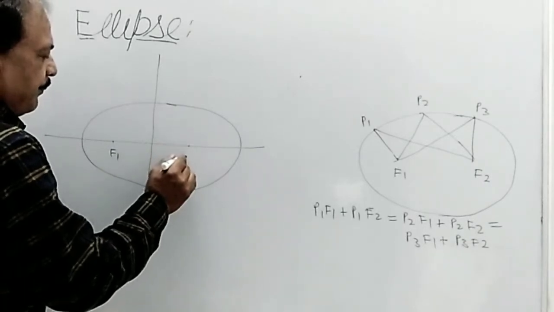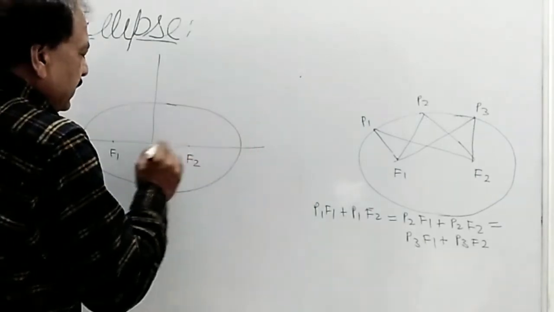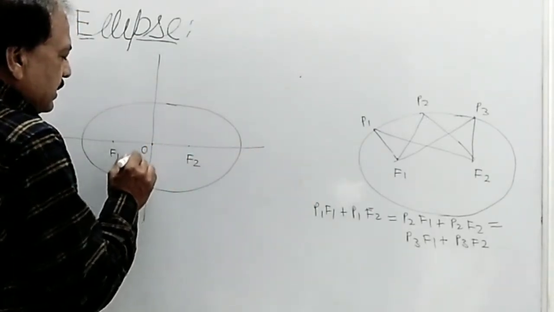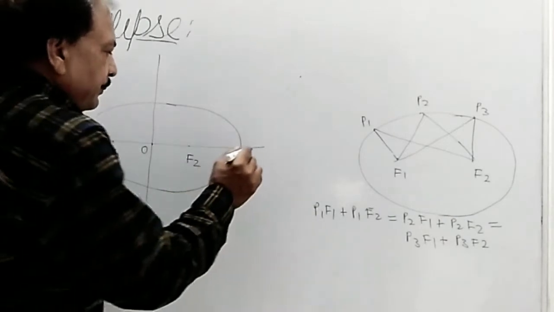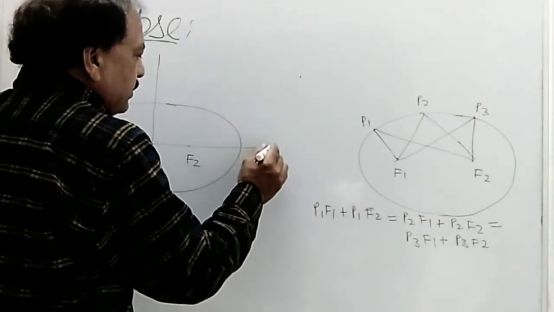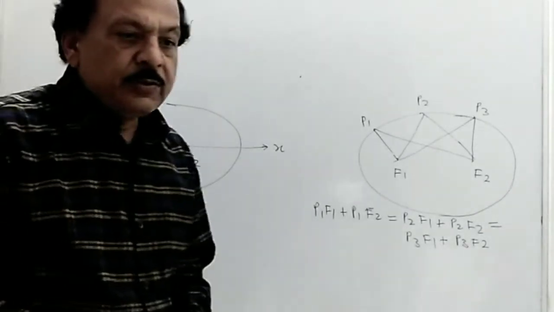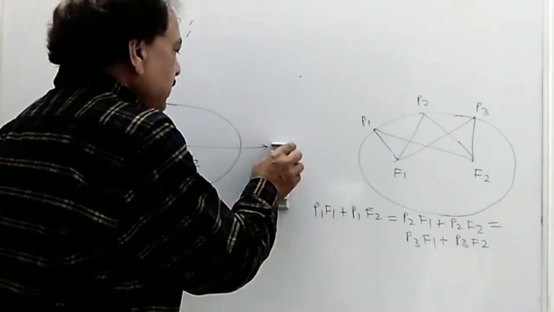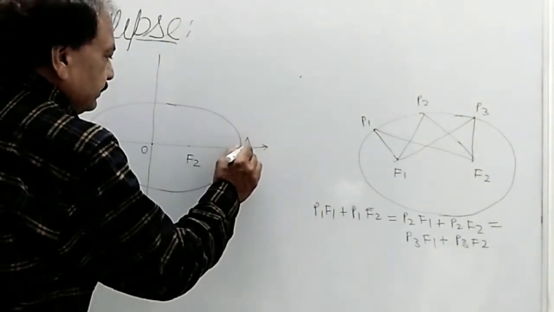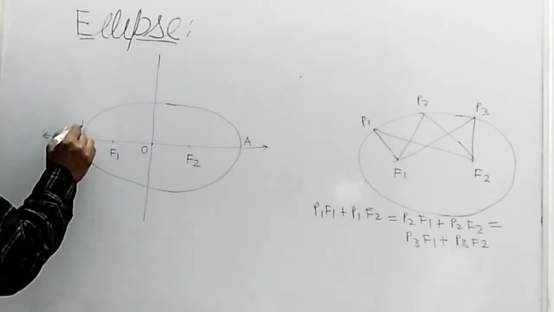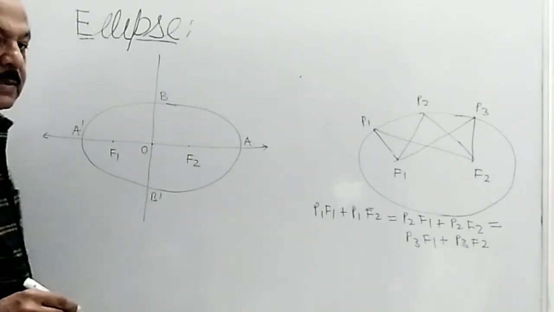This is F1, this is F2, and this is the center of the ellipse, and this will be the x-axis. Here we consider this is A dash and B dash, and this is C.